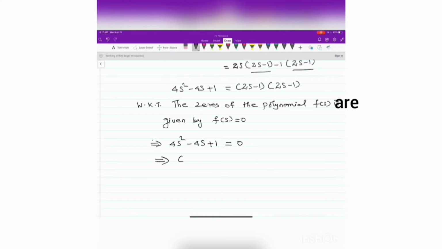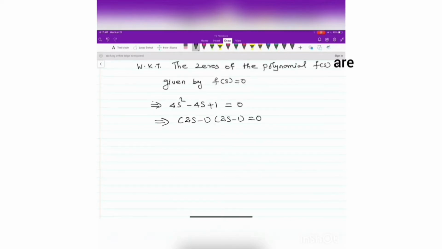That implies 2s minus 1 into 2s minus 1 equal to 0. That is what we got over there. This implies 2s minus 1 equal to 0 or 2s minus 1 equal to 0, which will give you s is equal to 1 by 2 or s is equal to 1 by 2. That is, we got the zeros of the given polynomial f of s.